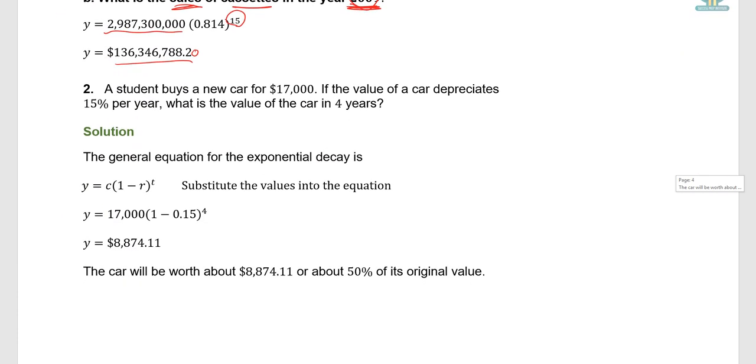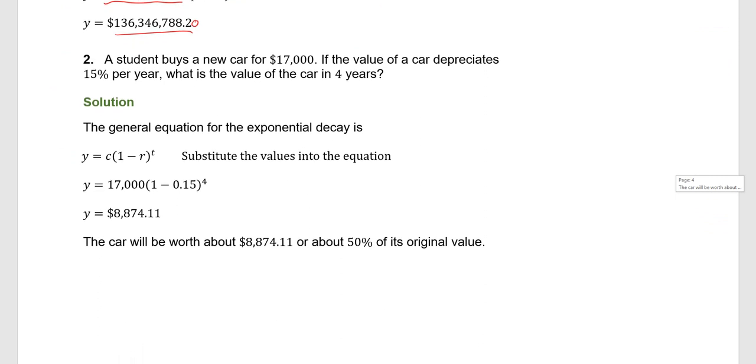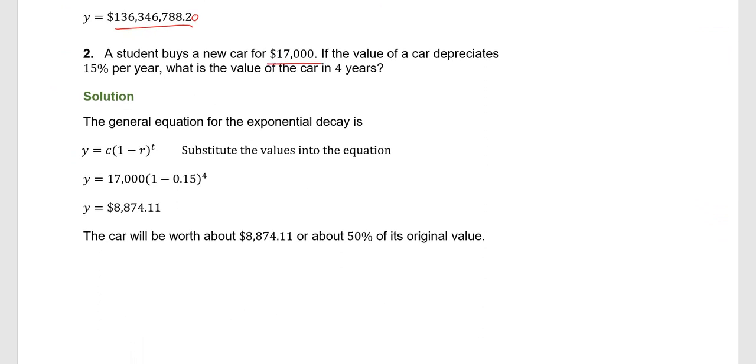Second example. A student buys a new car for $17,000. If the value of the car depreciates 15% per year, what is the value of the car in 4 years? Again, our general equation for exponential decay, or in this case depreciation, is y equals c times 1 minus r to the t power.